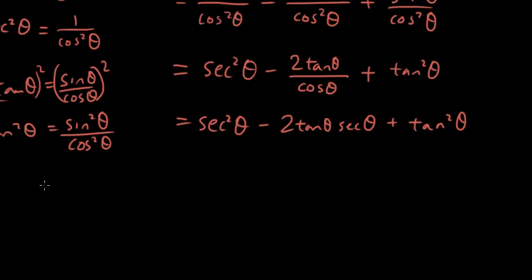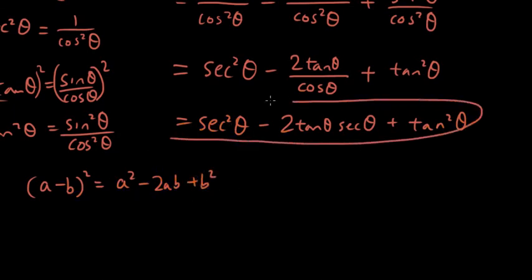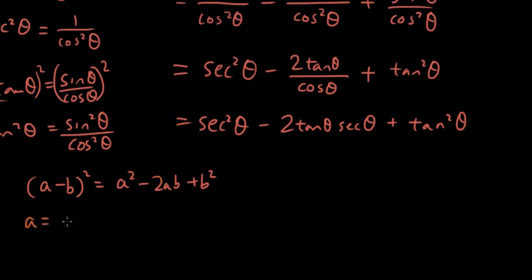And now, using the formulas for factorization, right? If you remember this formula, a minus b squared equals a squared minus 2ab plus b squared. That works exact same way as this, right? Because we have a is equal to sec theta and b is equal to tan theta.